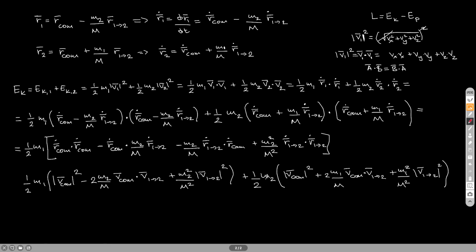And if you take a look here at 1/2 m2 m1 with the dot product of these two vectors, this is telling me that whatever I get from this term, it's going to cancel out with this one. So the result is 1/2 m1 plus m2 of the speed of the center of mass squared. So this will be just M.